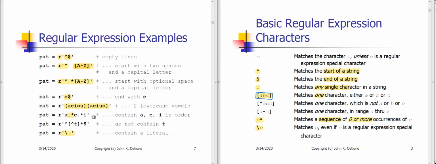Therefore, what this pattern is looking for is little a followed by anything, followed by little e, followed by anything again. Well, it's not the same anything, followed by I. So we're looking for little a, little e, little I in sequence, and we don't care what there might be between the A and the E or between the E and the I. Let's give this one a try.